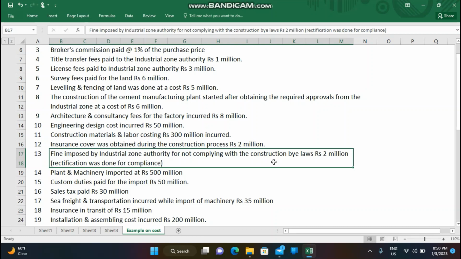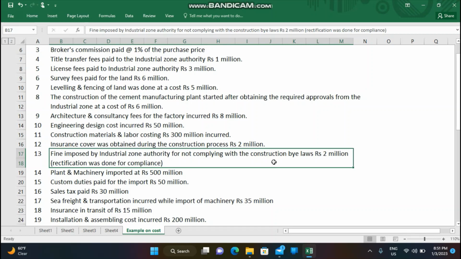They should have complied with the bylaws and they should have avoided this fine or penalty. They will not be able to recognize this 2 million into the cost of factory building because this is not a directly attributable cost. So it will not be capitalized, it will be directly expensed out.